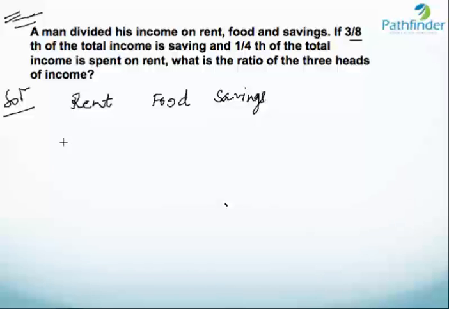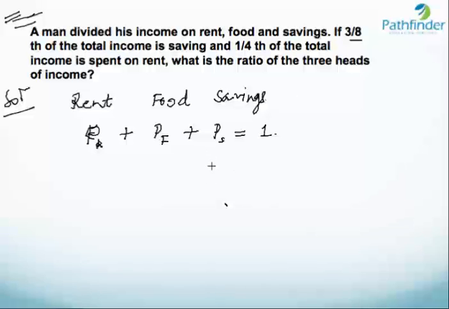So we should know that the expenditure on rent, plus the part spent on food, plus the part spent on savings, the sum must be equal to 1.